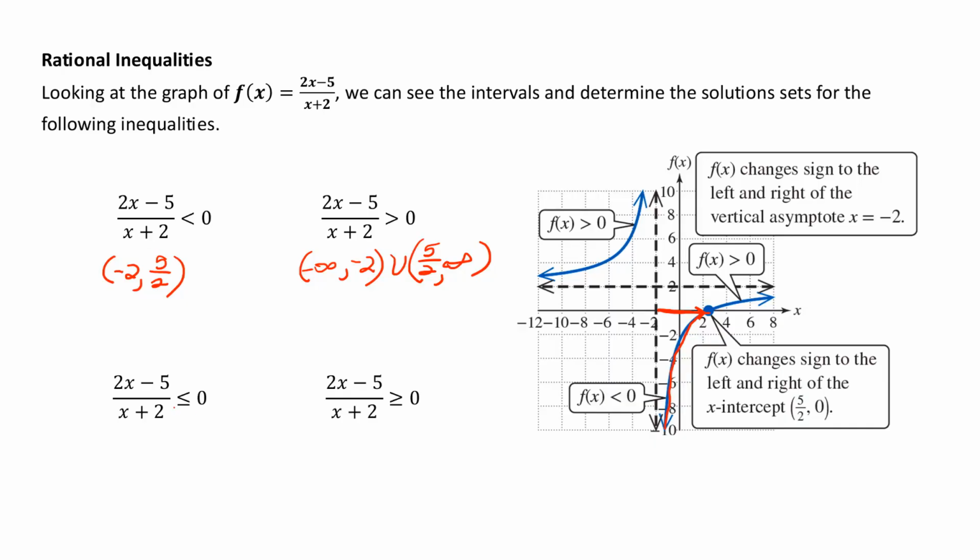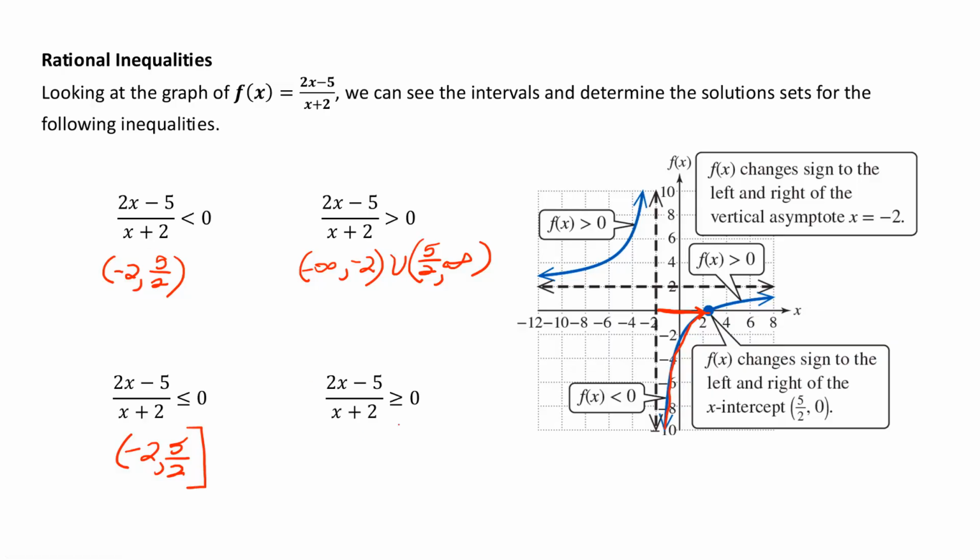And then 2x minus 5 over x plus 2 is less than or equal to 0. We already know that it's less than 0 from -2 up to 5 halves, not including 5 halves, but it is equal to 0 also at 5 halves. So we would say -2 up to 5 halves, and this time we would put a square bracket on the 5 halves to include it as a place where the function equals 0.